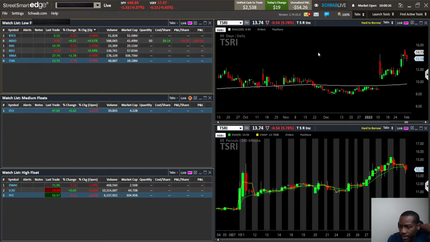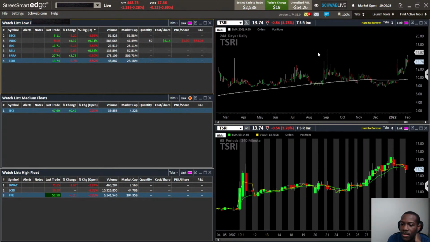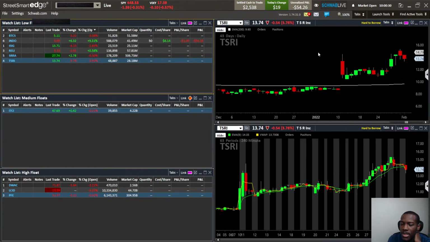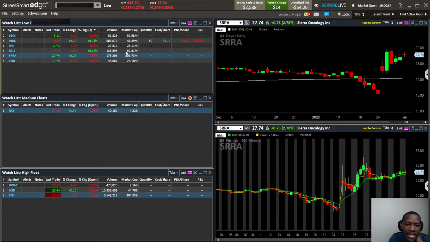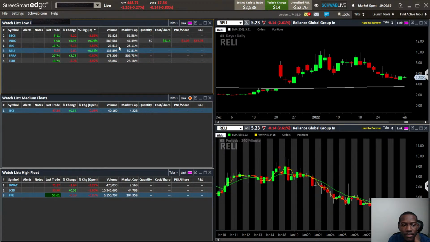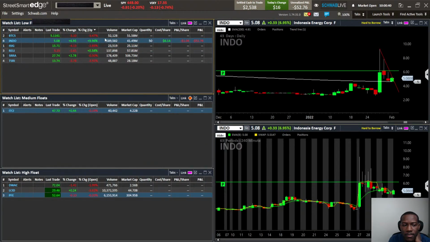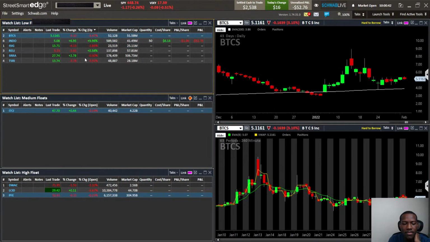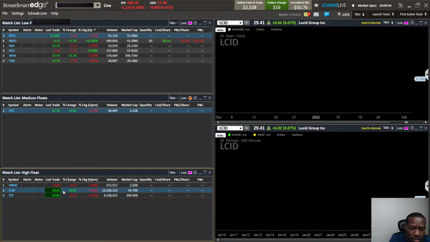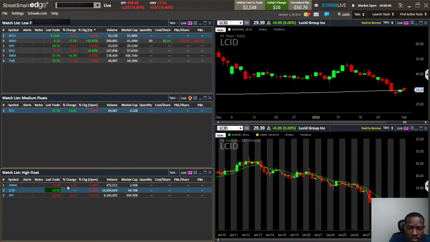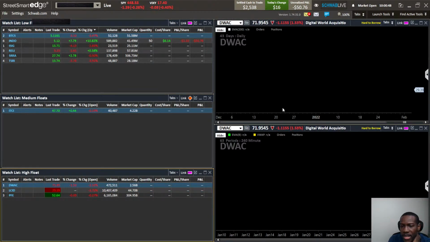TSRI, not looking perfect either. It's in an uptrend though, but just never gets a lot of volume, never gets a lot of action behind it. DWAC making its way down as well.